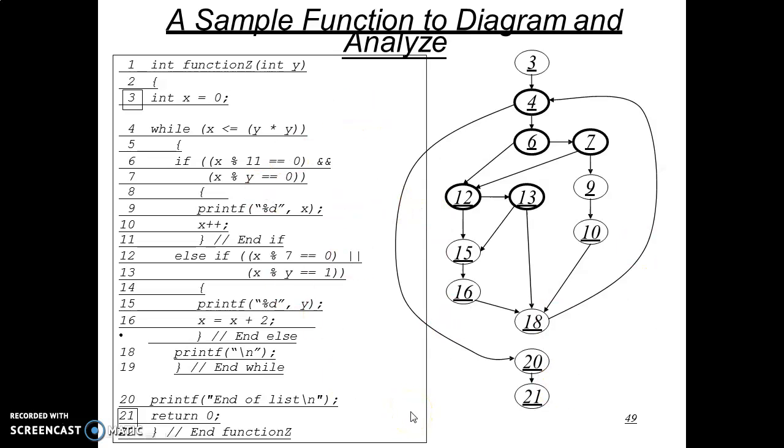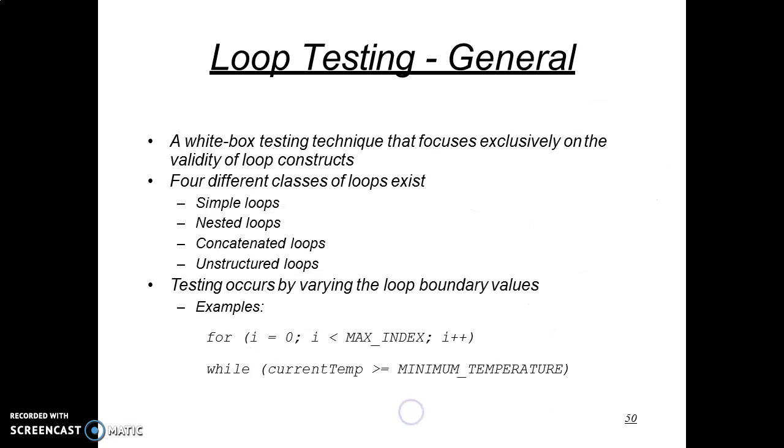So 6 independent paths must exist. So for 6 independent paths, we have to write at least 6 test cases to check each and every path at least once. Now second is loop testing. Okay, a white box testing technique that focuses exclusively on the validity of the loop construct.